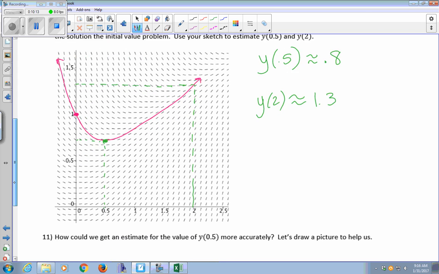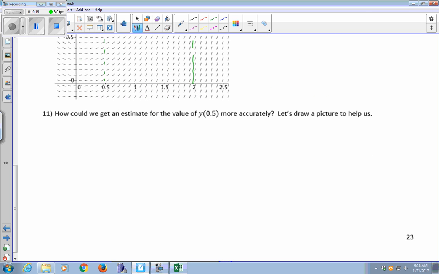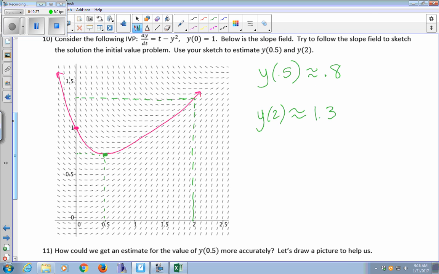Okay, I want to get a better estimate for y of 0.5 rather than just drawing a sketch. So I'm going to draw a picture to help me. I know that I can use a tangent line to approximate the function near the point of tangency. Now, I know the exact correct value at 0. Right here, that one point on my graph I know is correct.